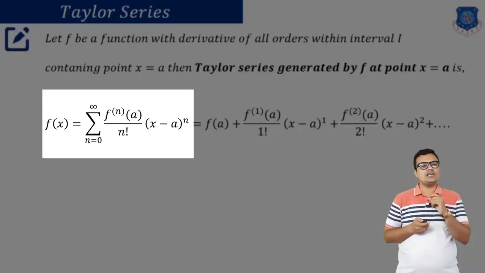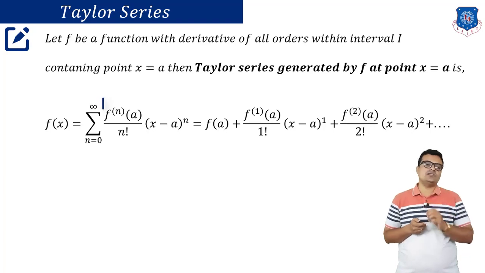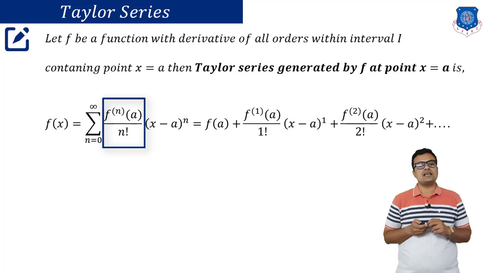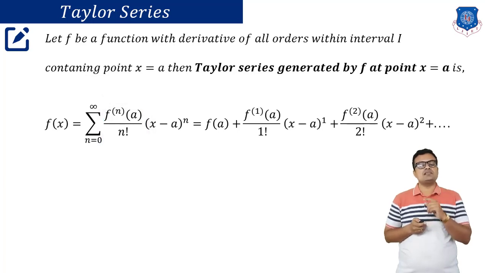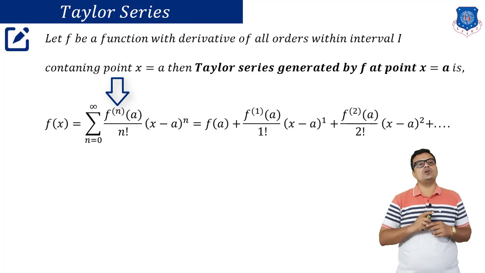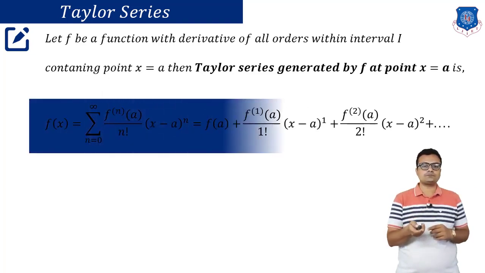Now if you look carefully, this is nothing but a power series, summation n from 0 to infinity a_n (x minus a) raised to n. But here the coefficient a_n is replaced by a particular value, which is f raised to n at a upon n factorial. Remember, this f superscript n indicates the nth order derivative of the function, which is considered at point a.